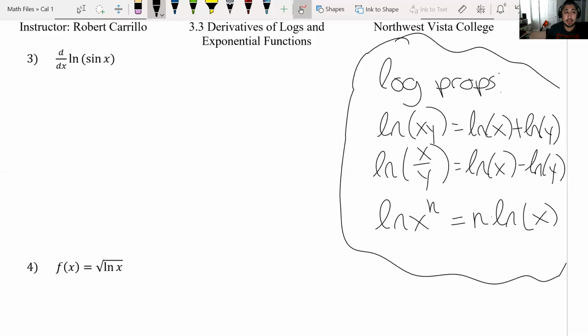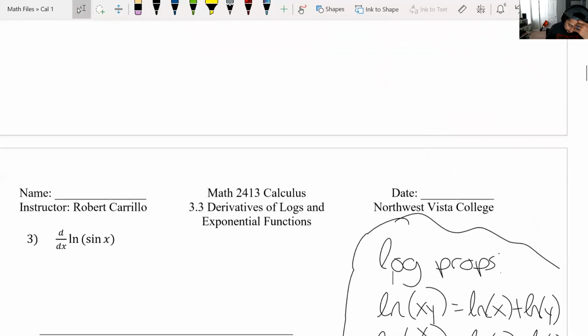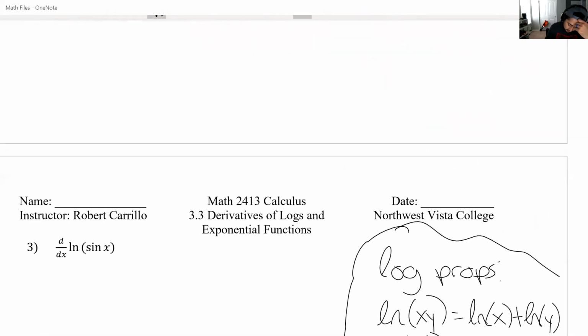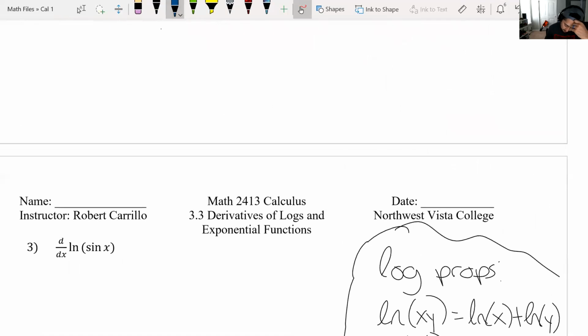So number 3, derivative of the natural log of sine x. Again, chain rule, derivative of the natural log function. So this will just become the derivative of the inside, the derivative of sine, cosine x, over the original inside function of sine x.